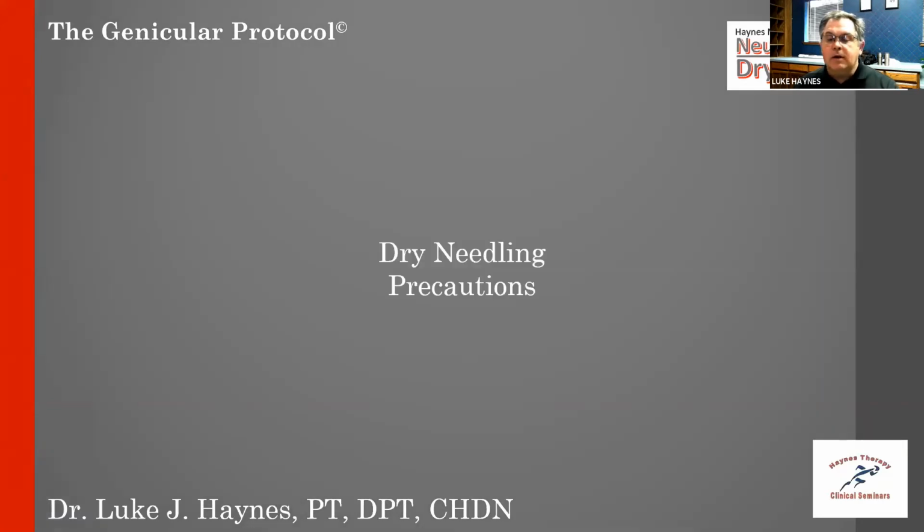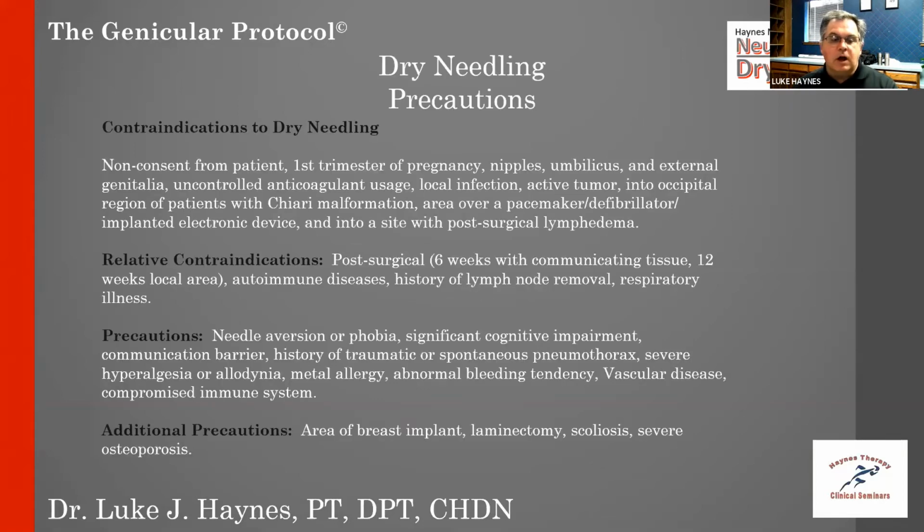A little conversation about dry needling precautions, and this covers most of the things that we would look at. First, general contraindications: non-consent from the patient. I know that seems obvious, but verbal and written consent needs to be in place. First trimester of pregnancy is a good medical-legal reason to stay away.